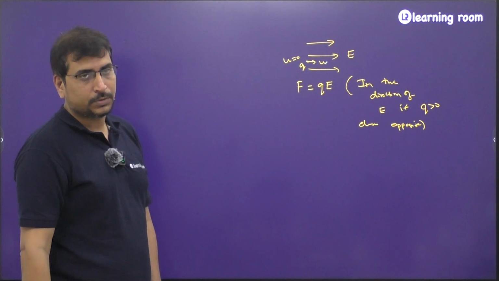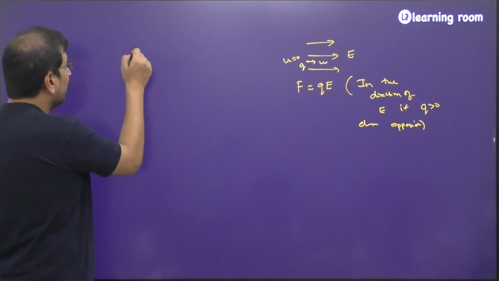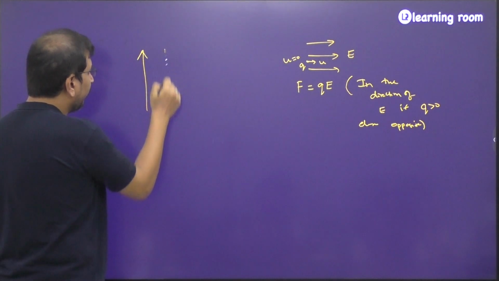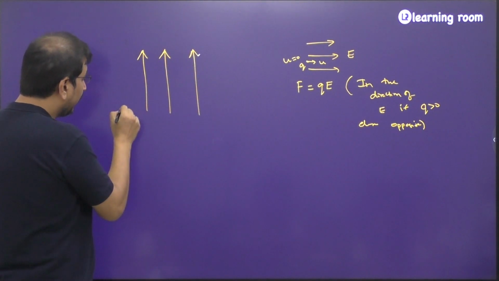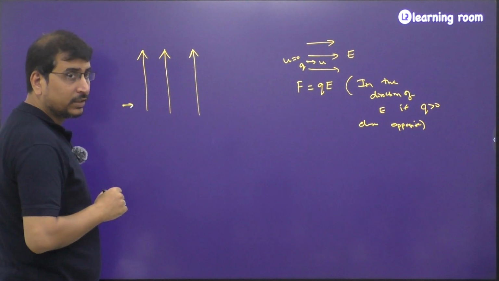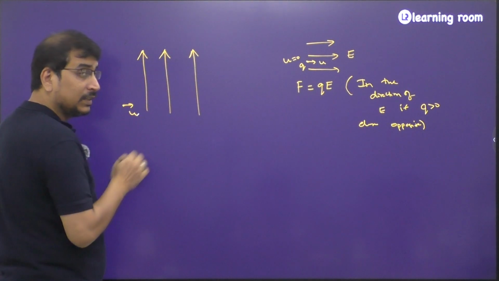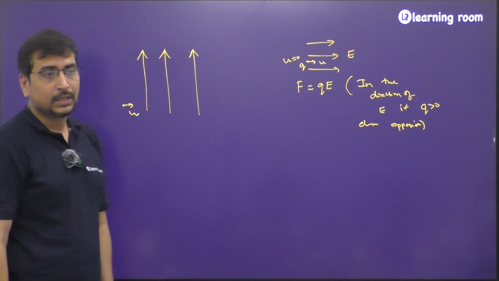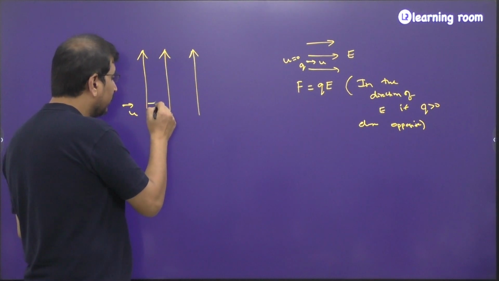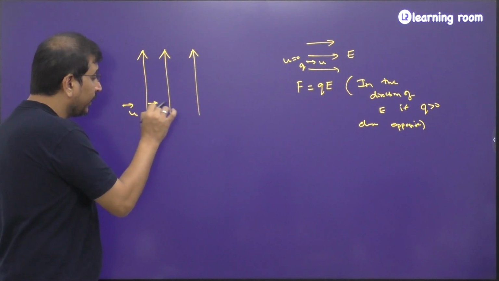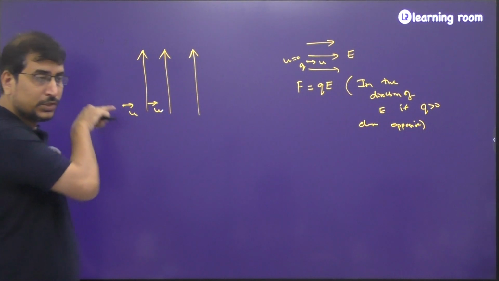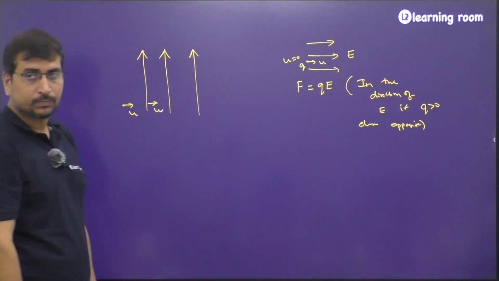Now comes the challenge. What if I make the electric field vertical like this, but give velocity to this particle in the perpendicular direction? As soon as it enters the field, it is already having its own velocity, due to which it will tend to move in the horizontal direction.